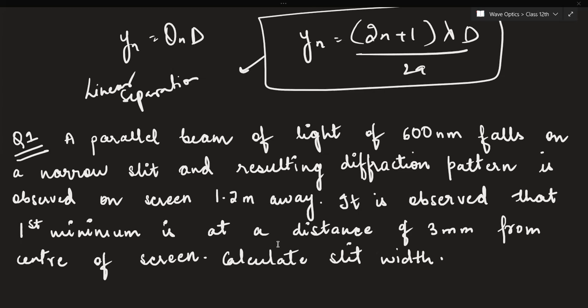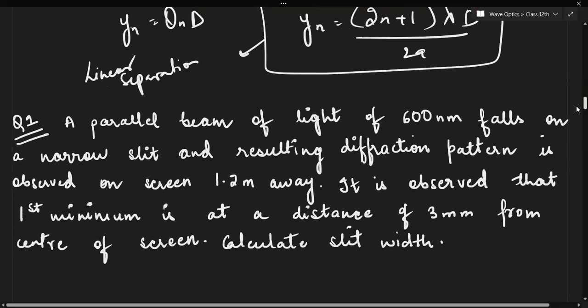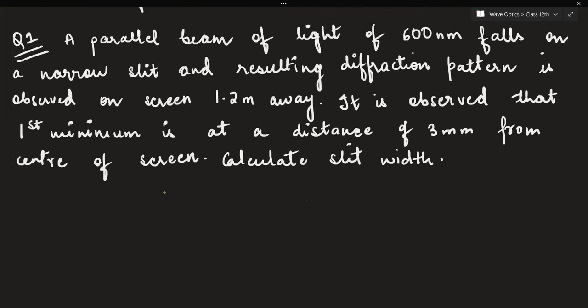Calculate the width. So bright or dark, we have the first minima. So for minima, the formula is already n lambda D by a, right? The formula that you have just calculated, the value of y n is n lambda D by a. N is given to you, first minimum. So see, Fahad, like this only, first minimum is mentioned. So n is 1.